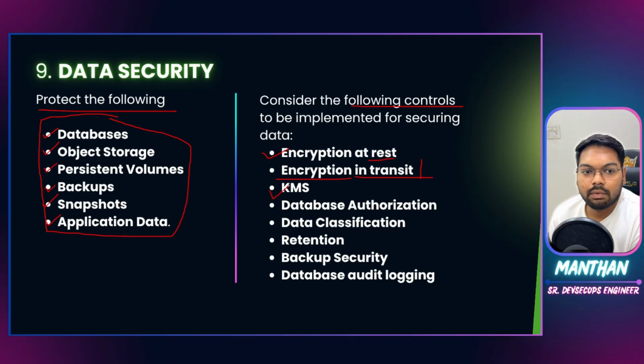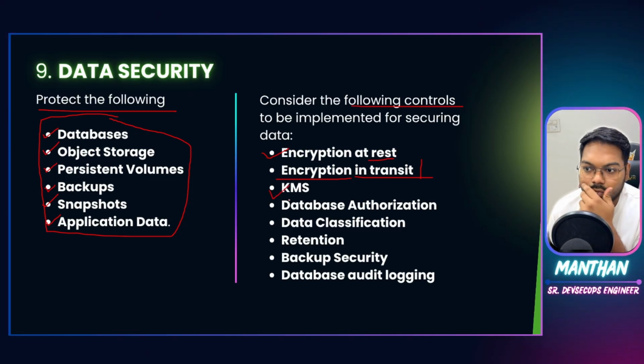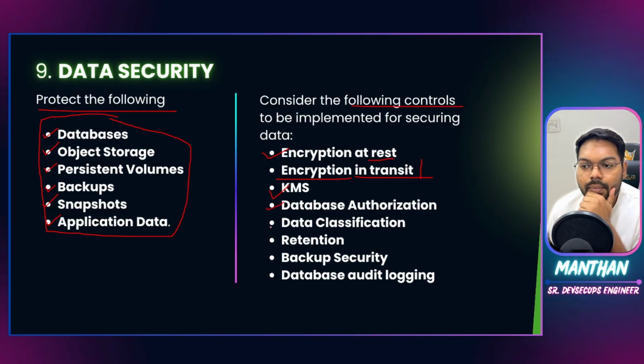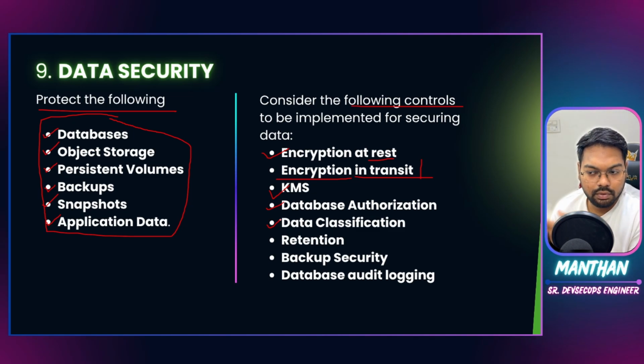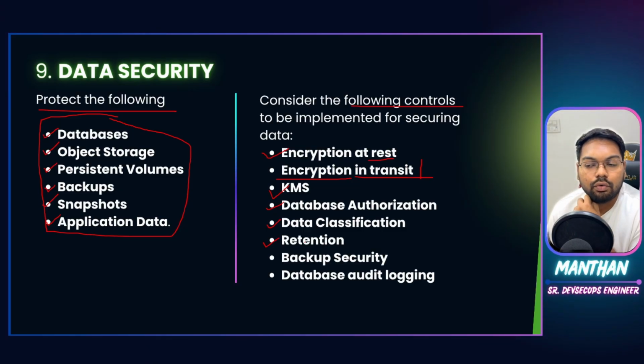Then, as I mentioned, KMS is one tool you can use. Database authorization, data classification, and once that data is classified into PII or general information, then you can give more restrictions towards that database. Then the retention of this data: how long do you want to retain it based on different policies or requirements?